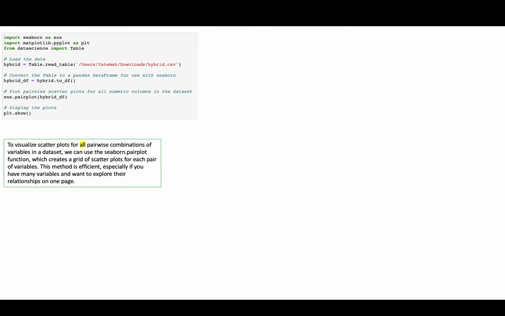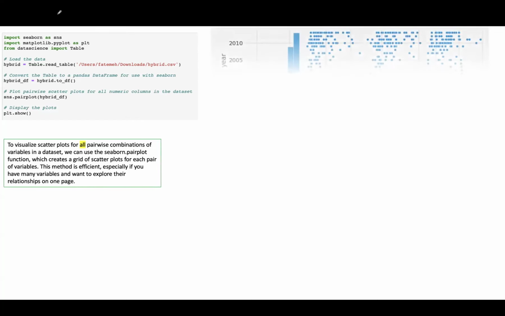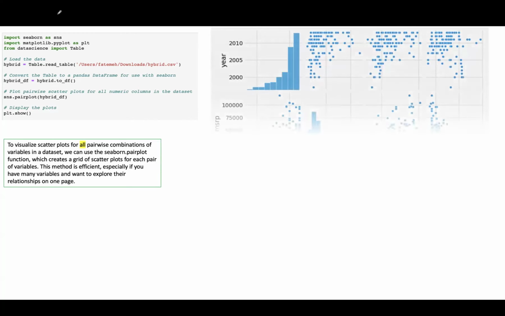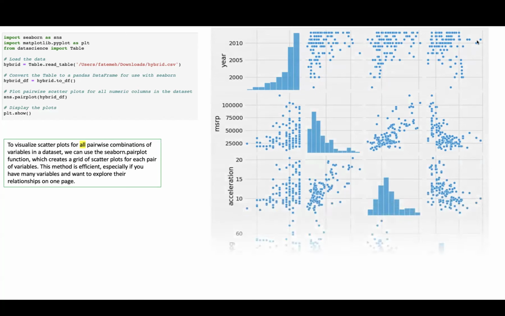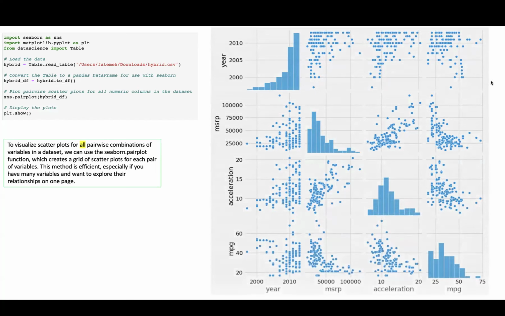It takes a few seconds, and it generates all of these scatter plots for you in one page. So you don't even have to create the scatter plot for two variables separately. This way, you can basically visualize all of the scatter plots in one page using Seaborn.